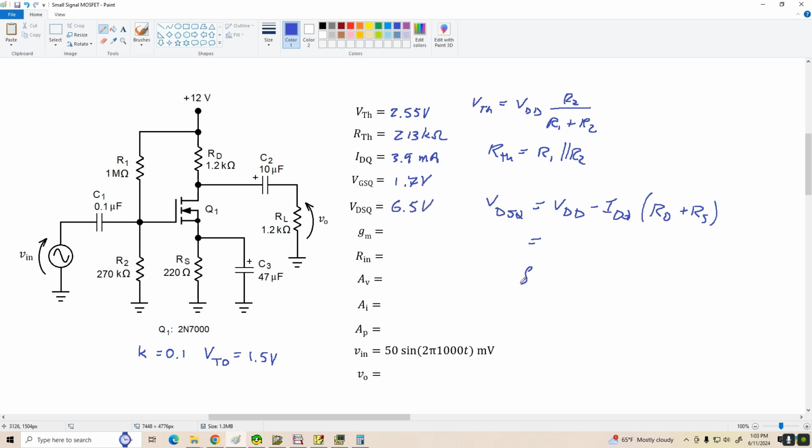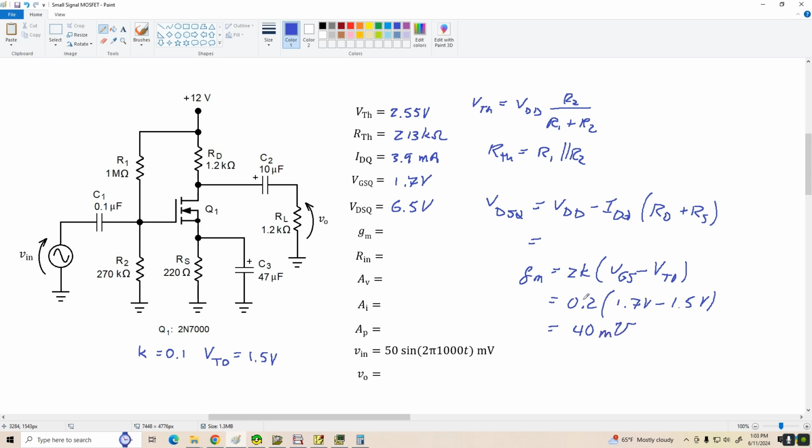Our transconductance GM is equal to 2K times VGS minus VTO, and 2K is 0.2. Our VGS is 1.7 volts minus 1.5 volts. All right, so again, that's going to be about 40 millimhos.